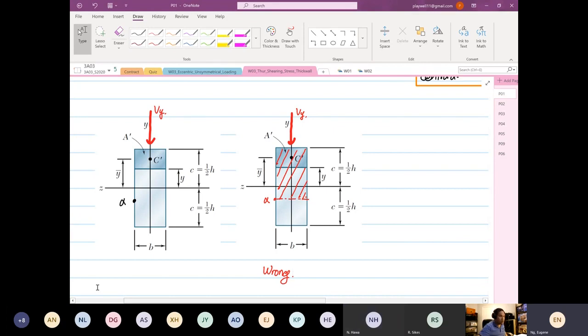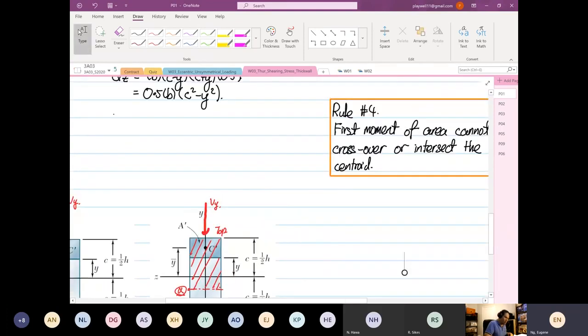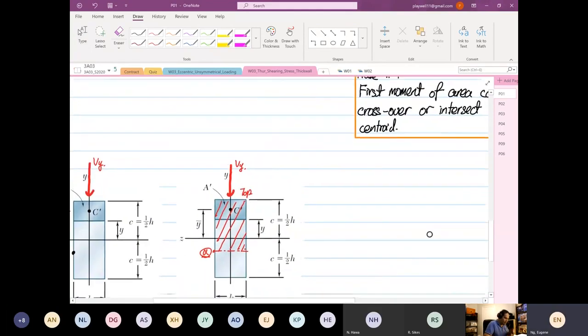When I started doing this, I also had in my mind that, because Vy is coming on, the shear stress has to be coming from the top to reach alpha, yes or no? Mechanical engineers, seeing is believing. Yes or no? Not necessarily true. So that is wrong because we broke rule number 4. Because we cannot find the first moment.